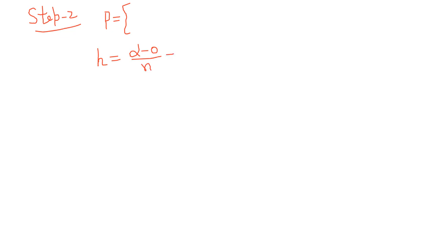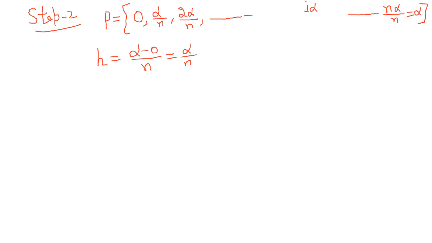So your first term is 0, then your value is alpha by n, then 2 alpha by n, and so on. The last value is n alpha upon n, which is equal to alpha. In general, the point is i alpha upon n.